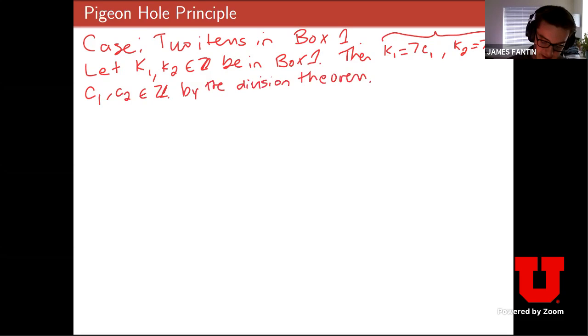So if we have 2 values that look like this, let's take a look at the sum. Then we have that k1 plus k2 is 7c1 plus 7c2, which is 7 times c1 plus c2.